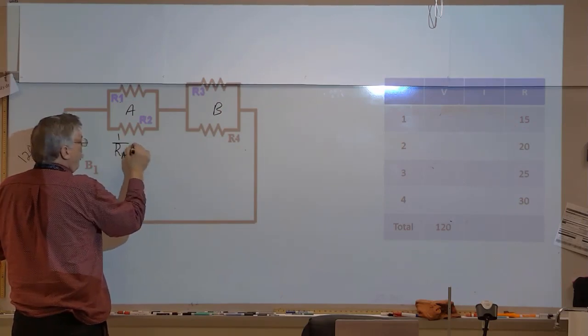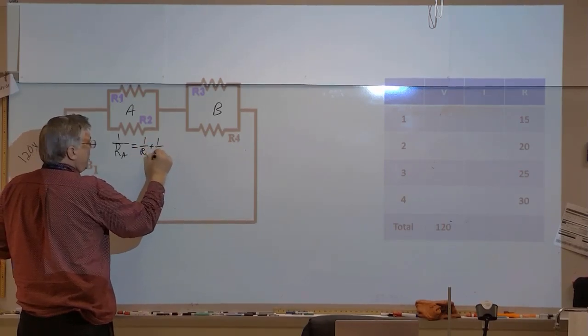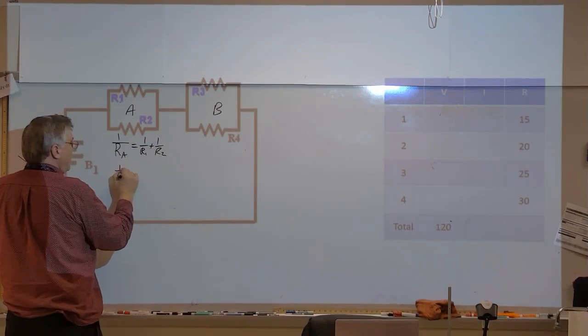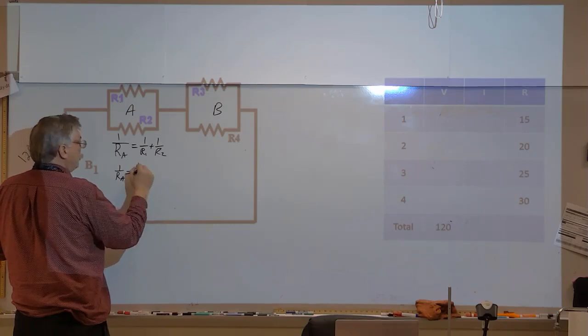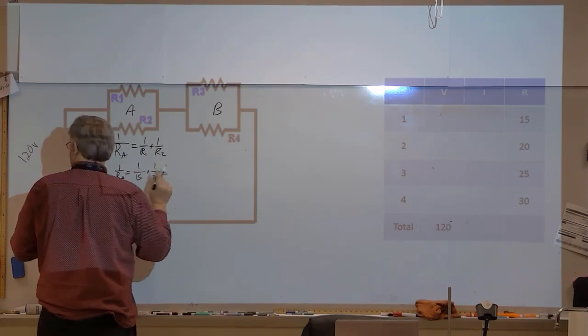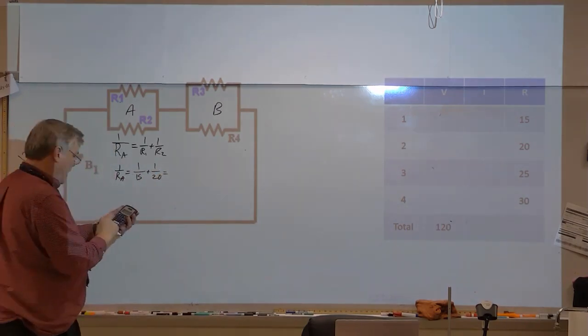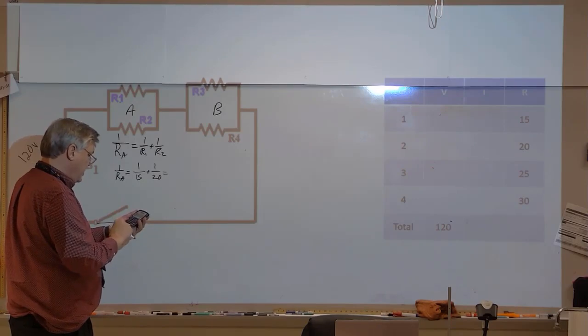So 1 over RA is going to be equal to 1 over R1 plus 1 over R2. So RA will be equal to 1 over 15 plus 1 over 20. And get the calculator out. 1 divided by 15 plus 1 divided by 20.